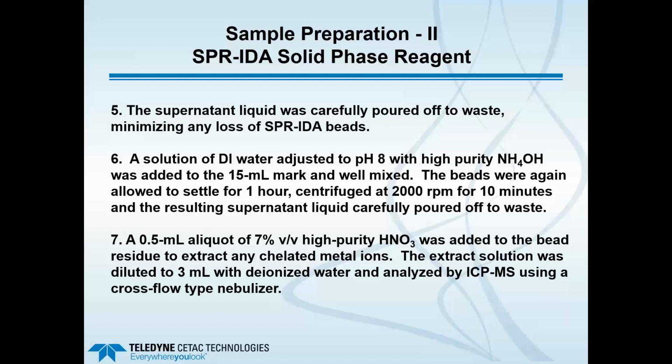In this case, we used a cross-flow type nebulizer in case there were any fines, small pieces from the solid phase reagent. You might have to be a little bit more careful if you're using a glass concentric nebulizer. Certainly a cross-flow nebulizer or a V-groove nebulizer is appropriate for this type of analysis.